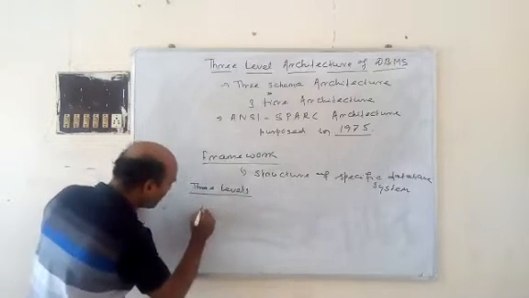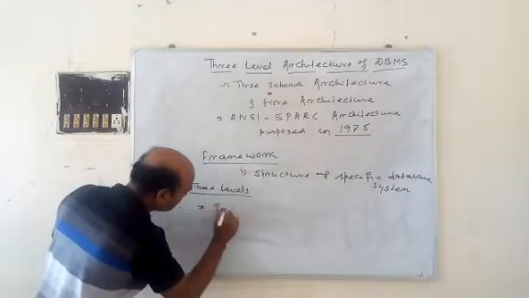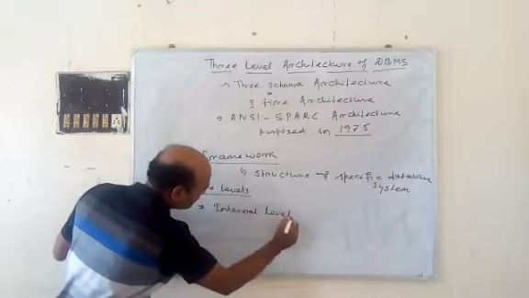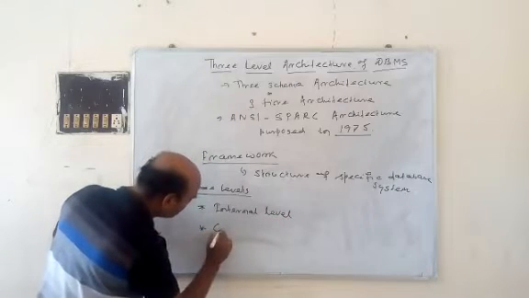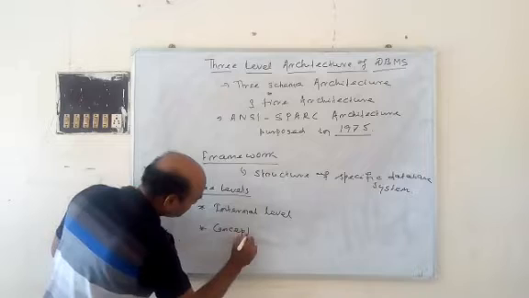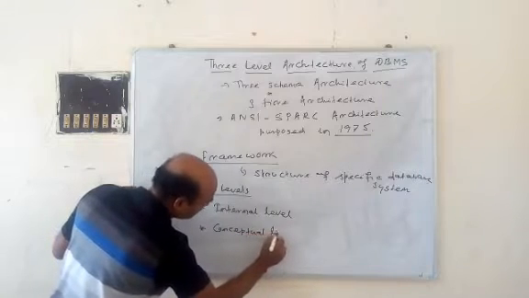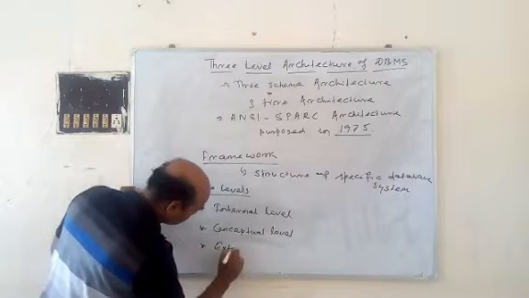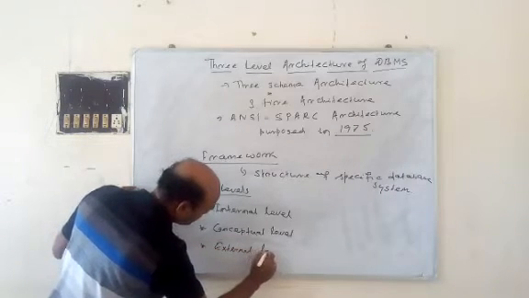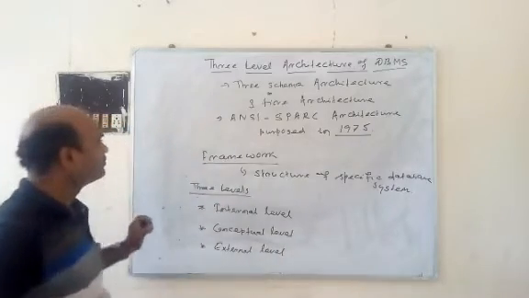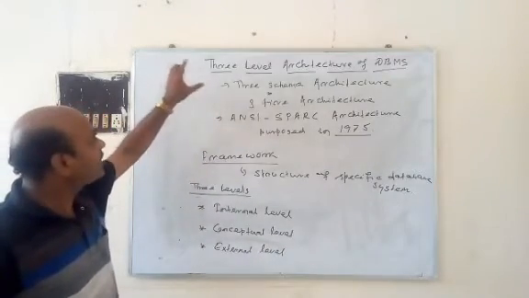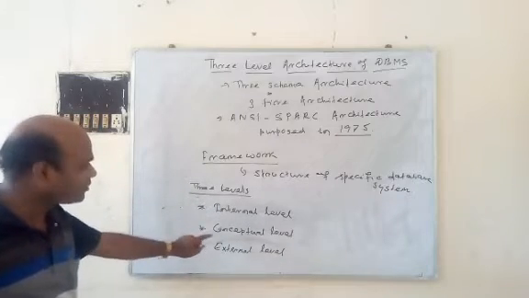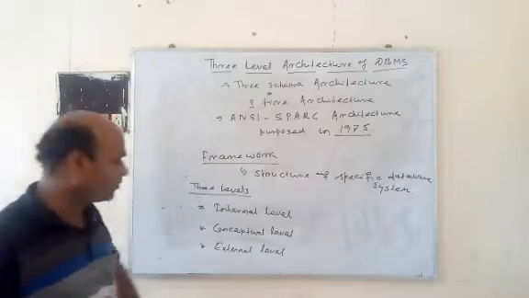Broadly, three levels: one is the internal level, then the conceptual level, then the external level. So the three-level architecture has three levels: internal level, conceptual level and external level.